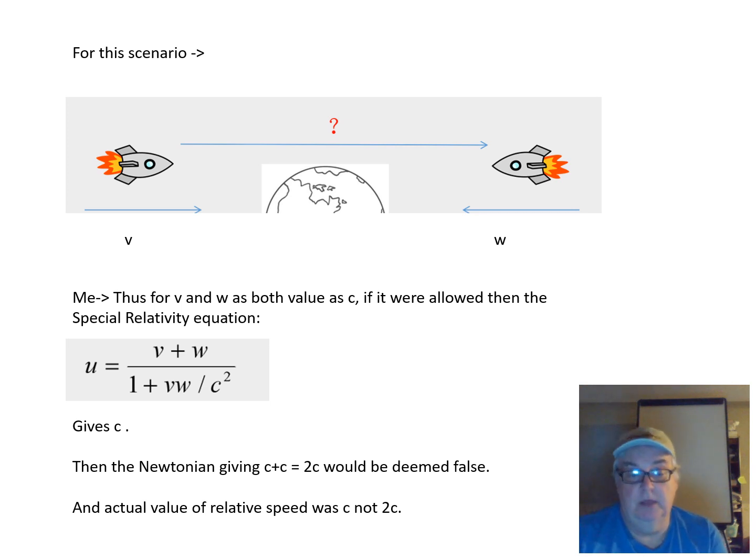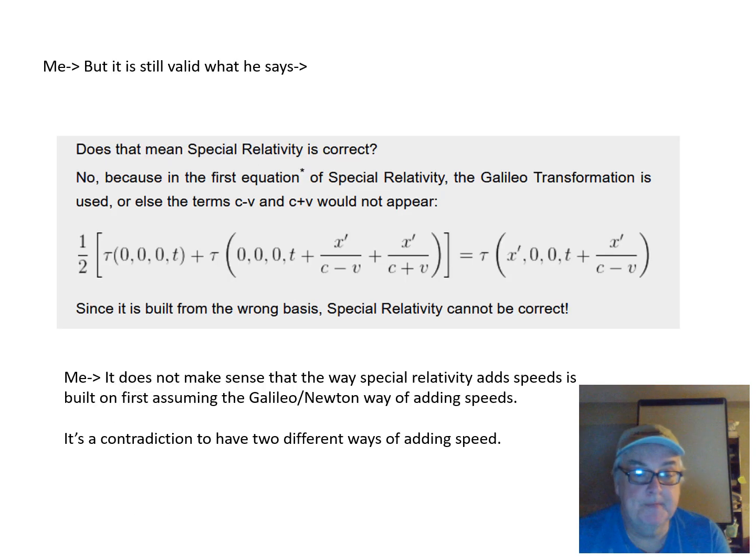And that's what the mainstream seems to believe upon this issue of relative speed. But it's still valid what he says about Einstein mixing together two different ways of adding speed.